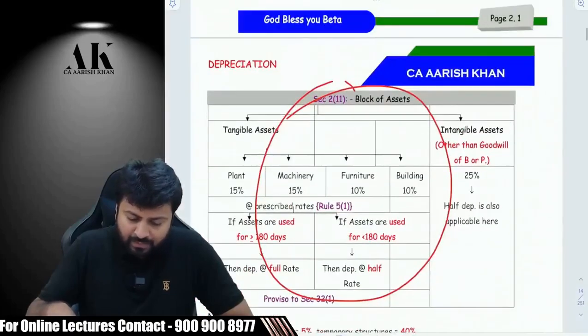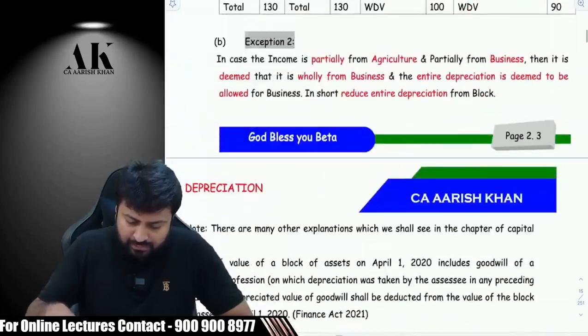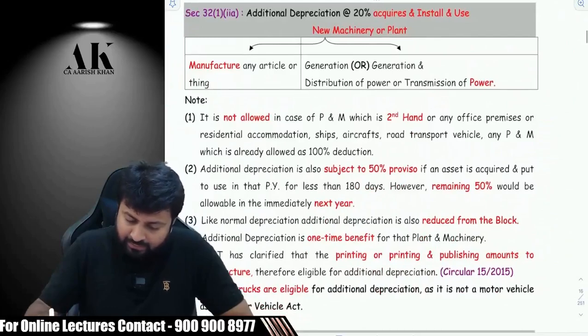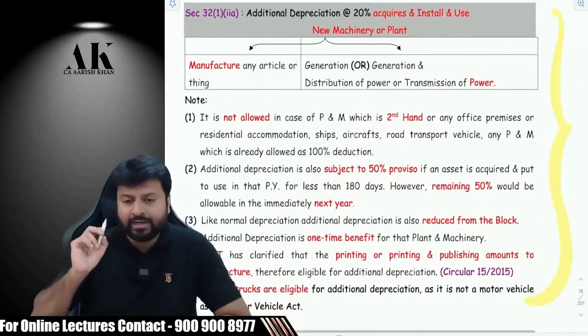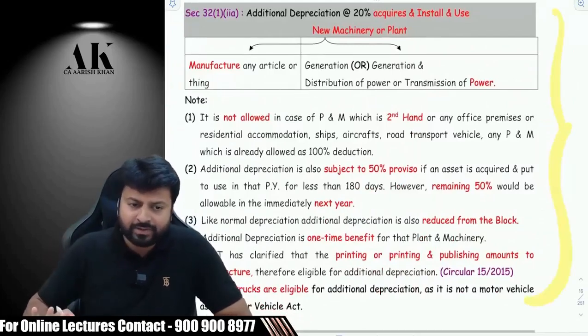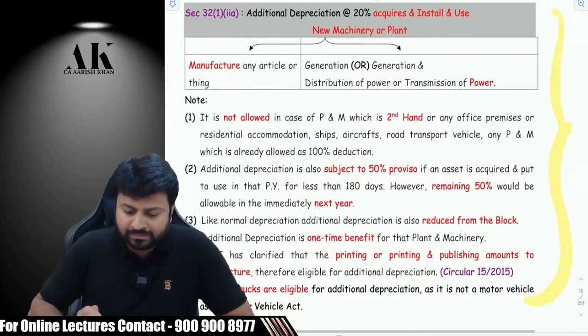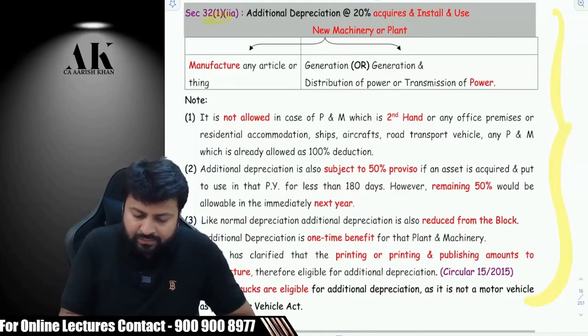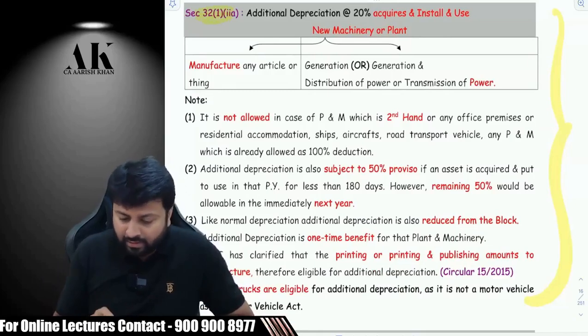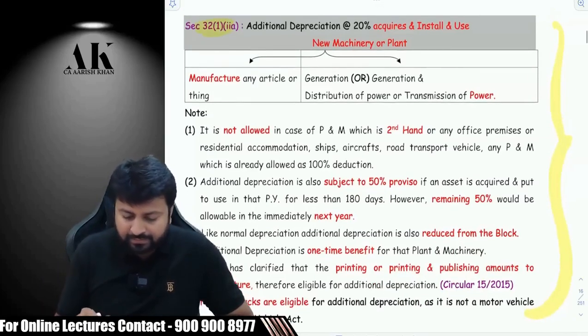Now, if we want to revise this entire discussion within a span of say 5 to 10 minutes, we can come to our color book and you can find your entire additional depreciation comprehensively covered. I'll let you know how to revise. First of all, the section number, if you wish to remember, well and great. If you don't wish to remember, forget it. Additional depreciation is 20%. You have to acquire, install and use new machinery or plant.